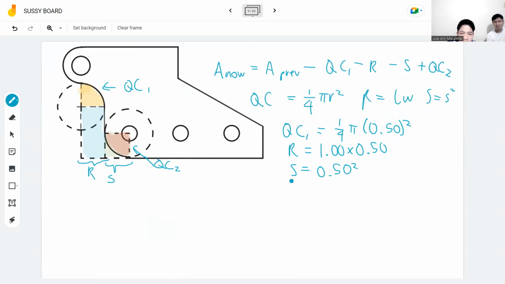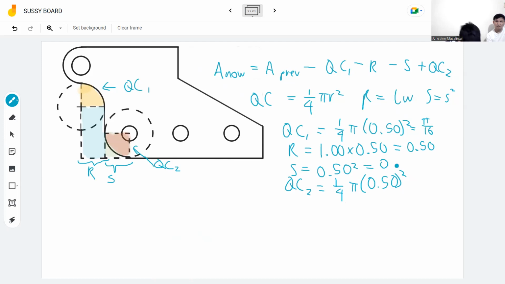So quarter circle 2 is equal to 1/4 pi 0.50. Oh, they're congruent circles. Okay, so this is equal to pi over 16. I don't want to evaluate yet.